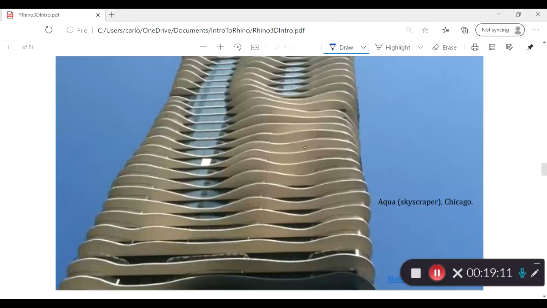There's another example. This one is in Chicago. I like this one because stacking planes is basically you perform an operation on the plane to get this shape right here. So I'm analyzing all these structures from how to build them in Rhino.